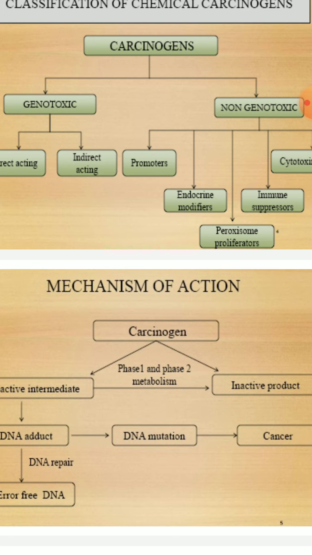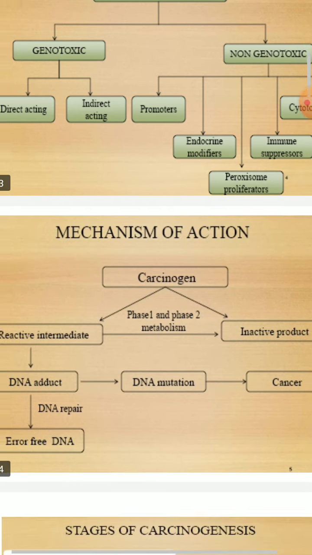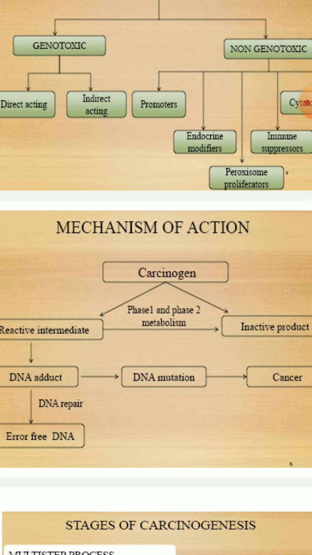This reactive intermediate can also result in the formation of an adduct, that is a DNA adduct. In yesterday's class on genotoxicity, I explained the formation of adducts. Repair of this DNA leads to error-free DNA.